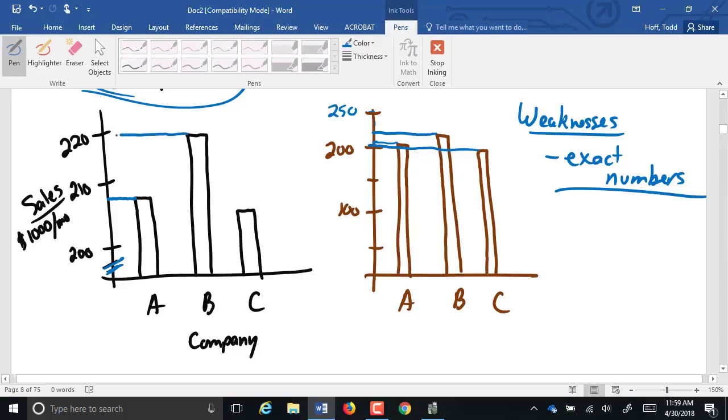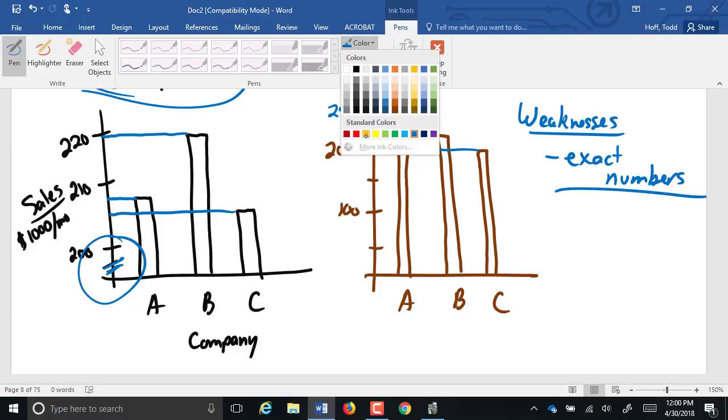And that company B is really close to 220. And C, probably 205, 206. So you can come a little bit closer by breaking that scale. You still can't get exact numbers. So like I said, there are reasons to do this break in the scale so you can get a little bit better idea of the numbers, but it is deceiving.